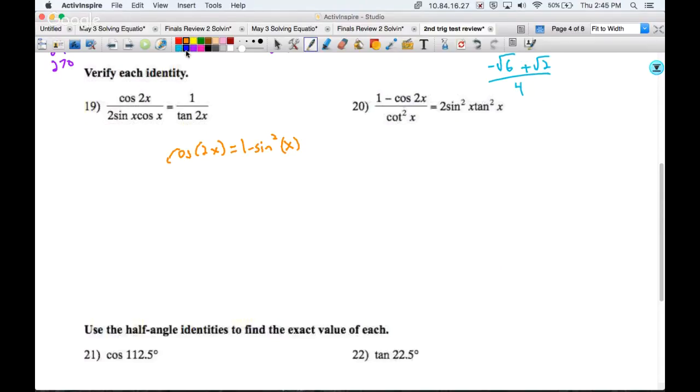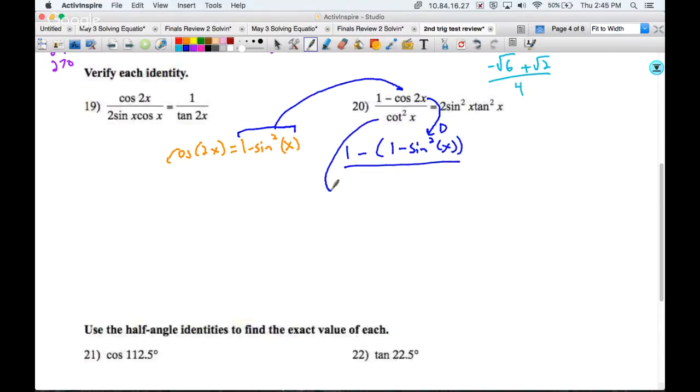I'm going to substitute that in there for cosine of 2x. So when I do this, I just used a double angle, so I should write an arrow with the letter D on it. 1 minus, in parentheses, 1 minus sine squared x. Cotangent.